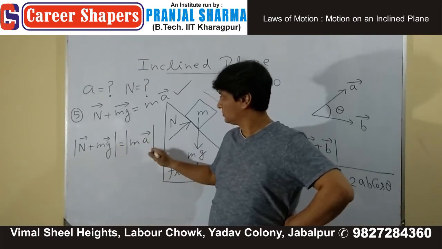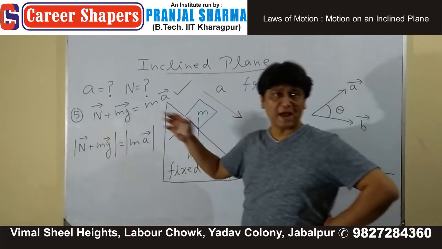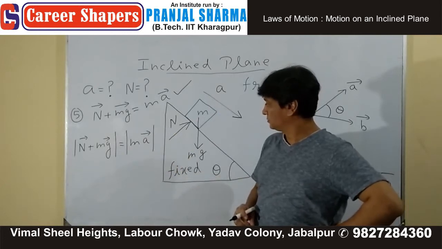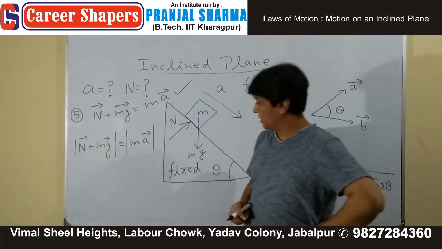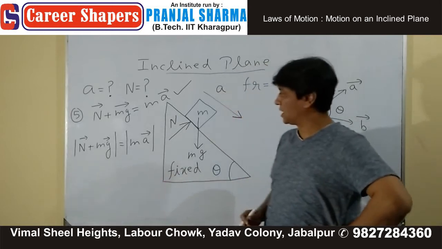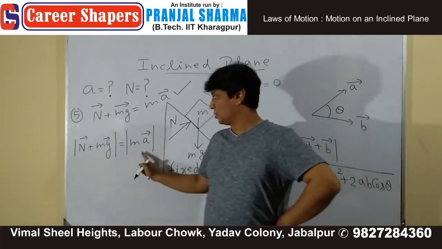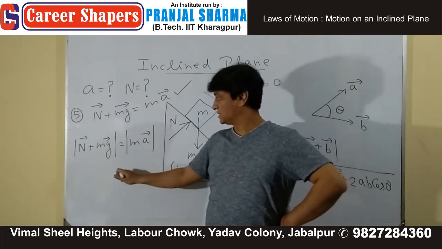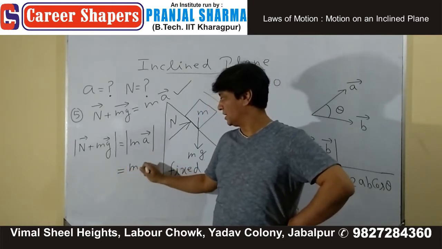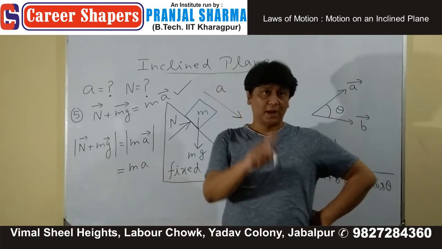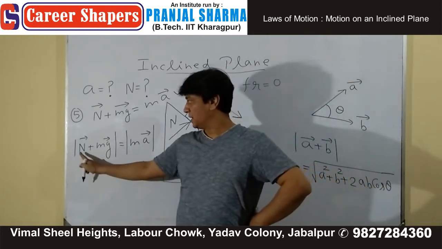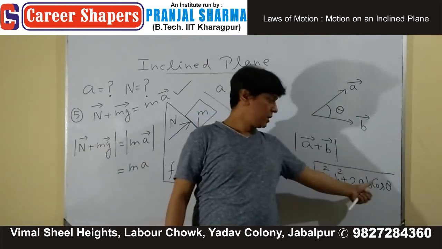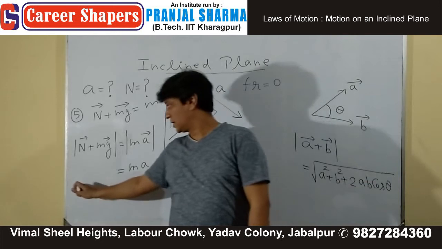Take mod magnitude on both sides. एक बार आपने ये किया, तो ये जो राइट साइड है ये तो बड़ी इजी है. Ma, इसका मैग्नीट्यूड क्या आ जाएगा, m इंटू a. लेकिन ये जो लेफ्ट साइड है, दो वेक्टर्स हैं, उनका मैग्नीट्यूड क्या होता है?